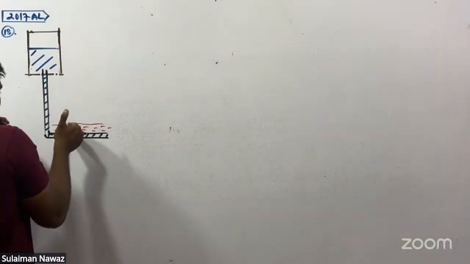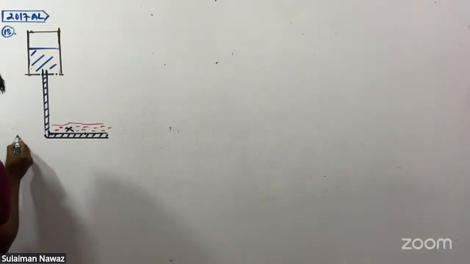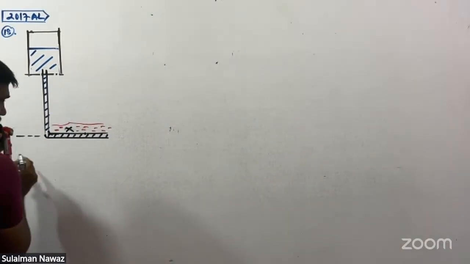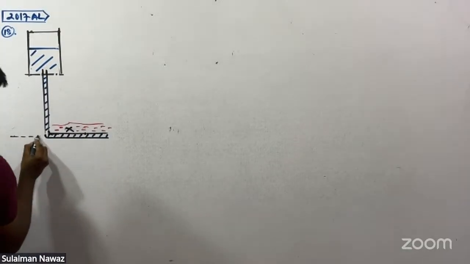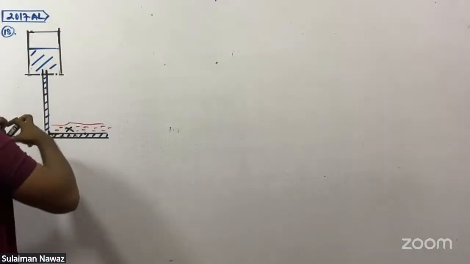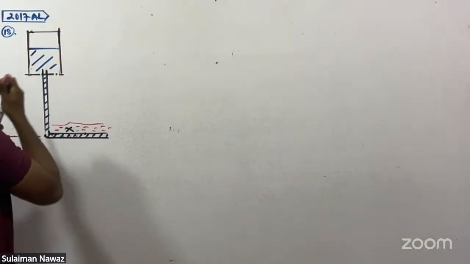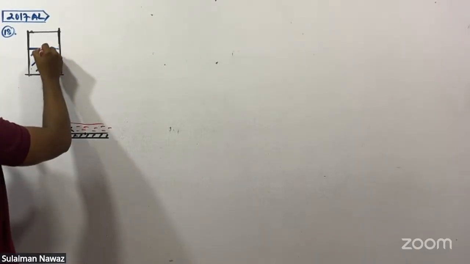First of all, forget about the muddy water, and like how we have done the previous questions, we'll apply Bernoulli's theorem. We should select a streamline, then select two points on the same streamline. So this is going to be a streamline.